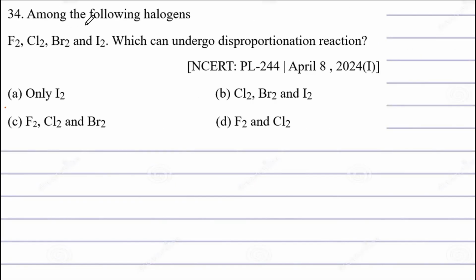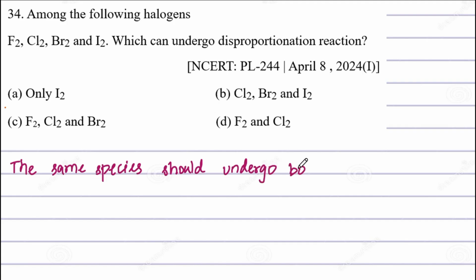The next question is, among the following halogens, F2, Cl2, Br2 and I2, which one undergoes disproportionation reaction? So what is the rule for disproportionation reaction? The same species should undergo both reduction and oxidation. How can we see that the same species undergoes both reduction and oxidation?